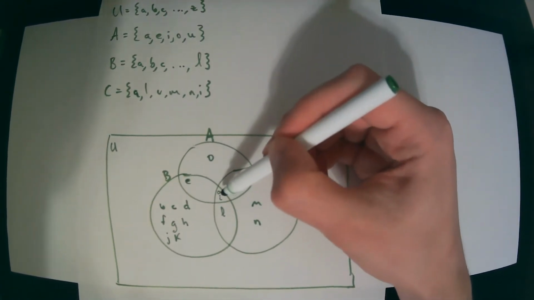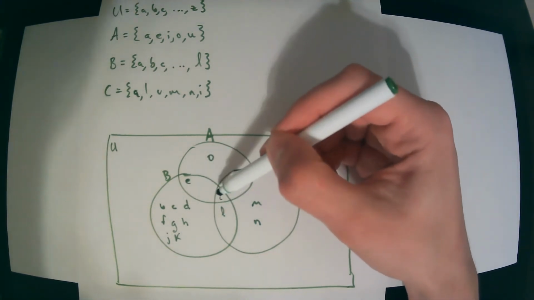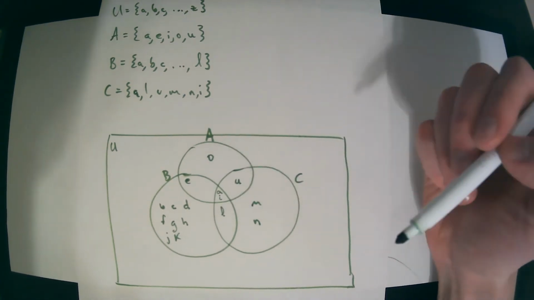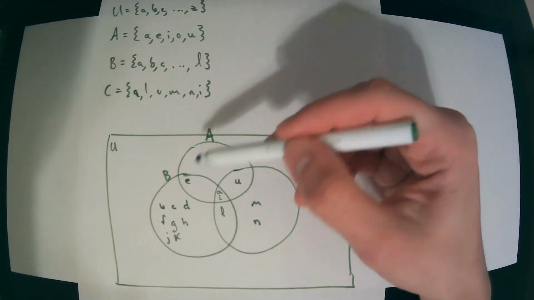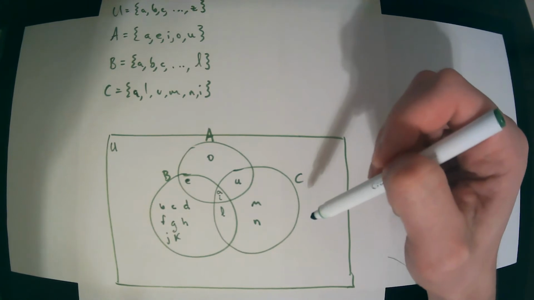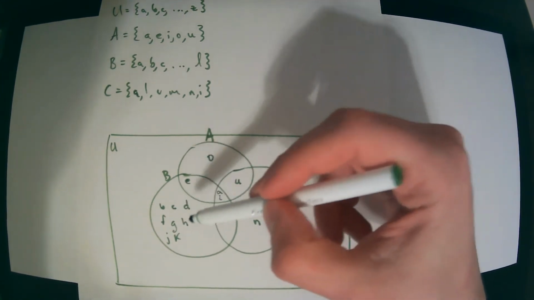The most exclusive position being right here in the center of all three sets, in the intersection of all three sets, the A and the I. Okay, then the L in the intersection of B and C, the E in the intersection of A and B, the U in the intersection of A and C, and then the letters that only have a home in their original set.